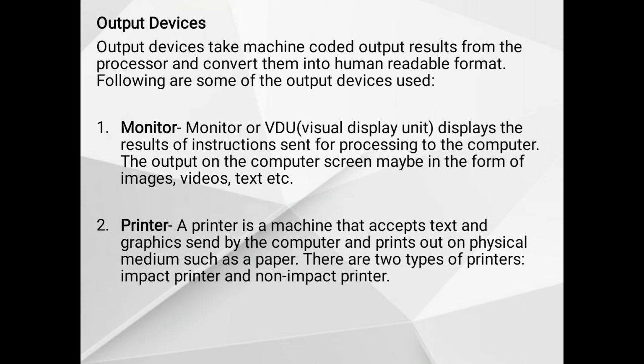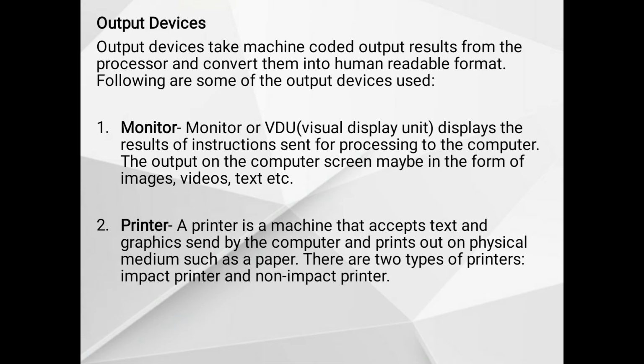That has to be converted into human readable format. The output device is responsible for converting that and displaying it in human readable format. These are some of the output devices that we frequently use.